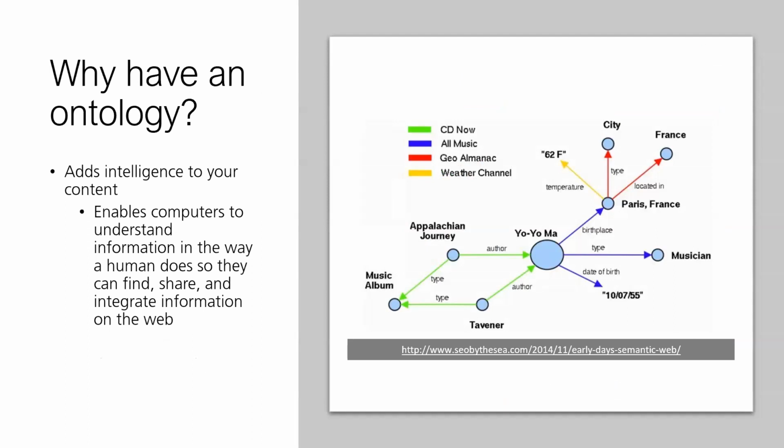If you're a DIY shop and you've got a taxonomy of tools, for example, if you start using ontology and you have people with certain trades and you have seasons of the year, so if someone's going onto the website and you know what their trade is and you know what the time of the year is, you can start showing them tools that reflect what they're likely to be interested in at that time. It's making the whole thing more interactive, and I keep saying user experience, but user experience is so important.